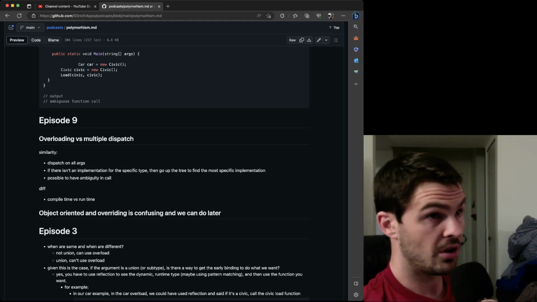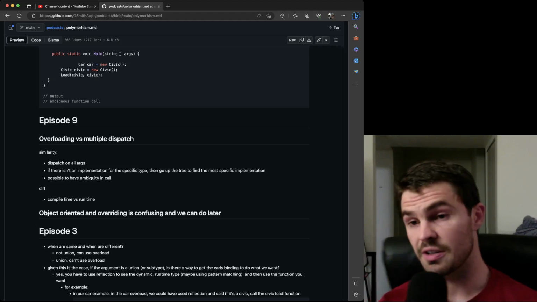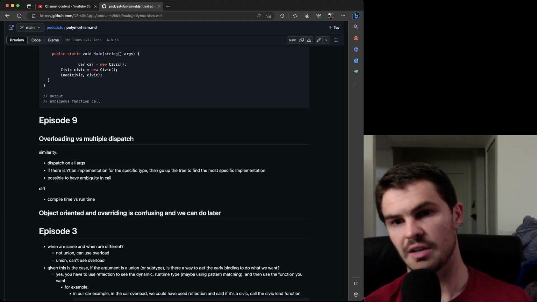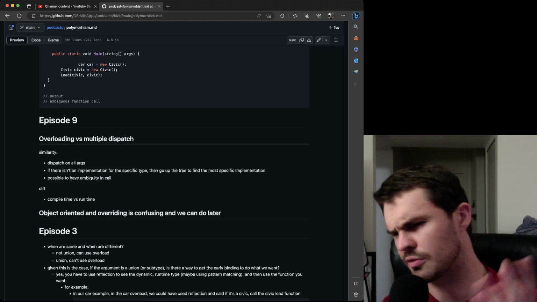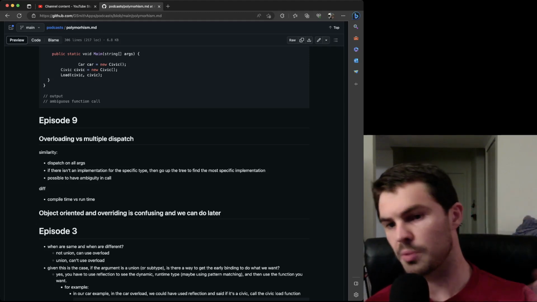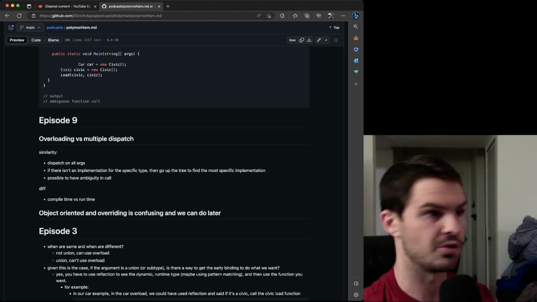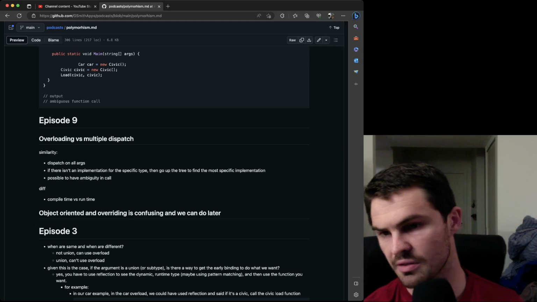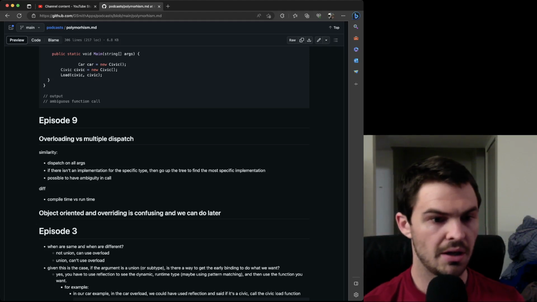If you think of inheritance as a union type, where a car type is sort of the union of a car and a Civic, then the whole problem really boils down to union types, if you think of inheritance, supertyping and subtyping as an example of unions.